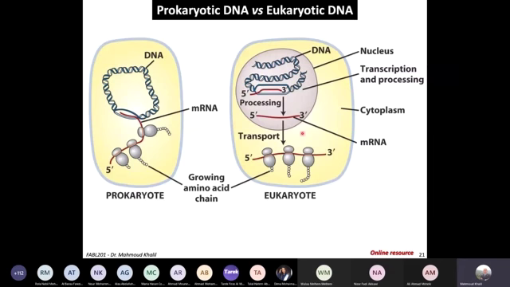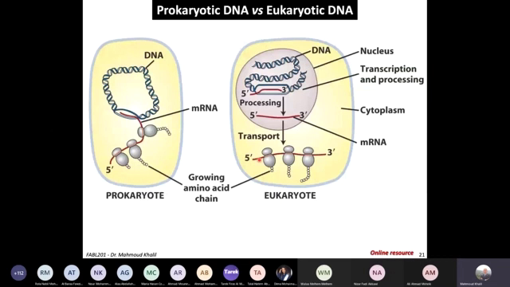But the process is more complex in the eukaryotes, because after transcription, this messenger RNA exists inside the nucleus and has to migrate to the cytoplasm to undergo translation for the protein.